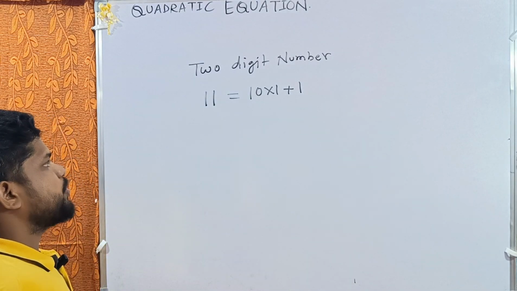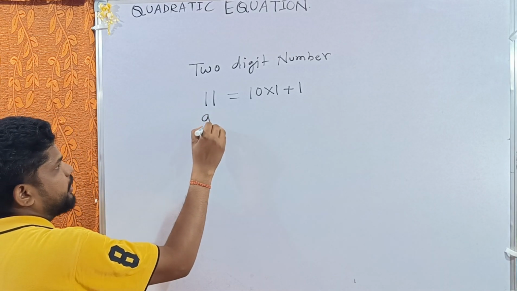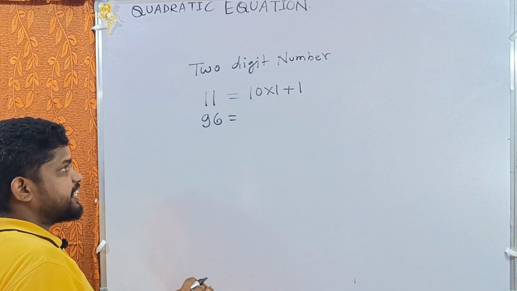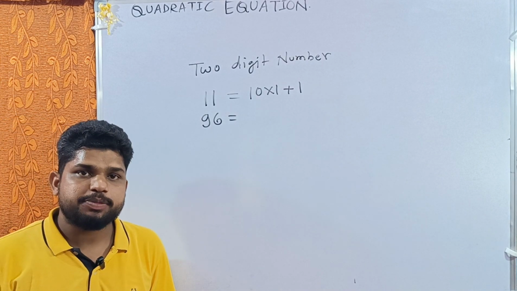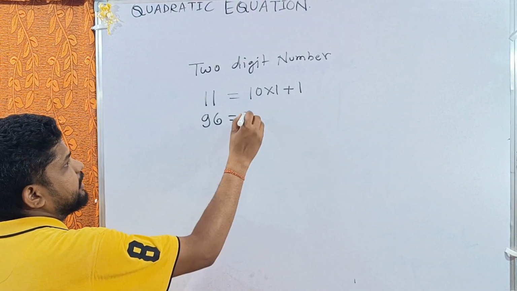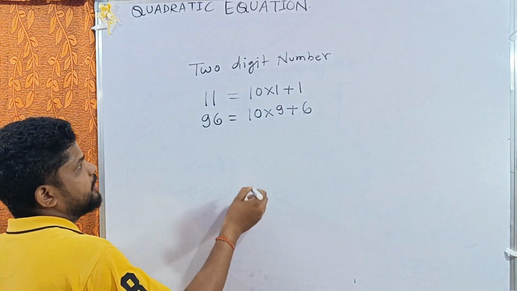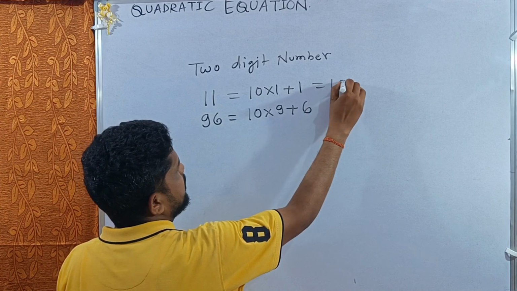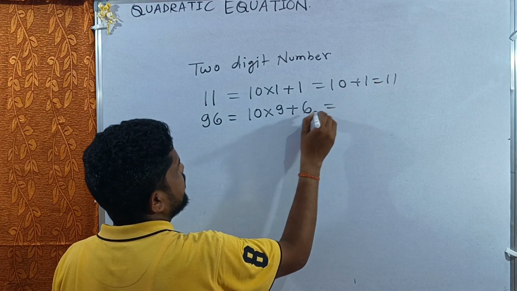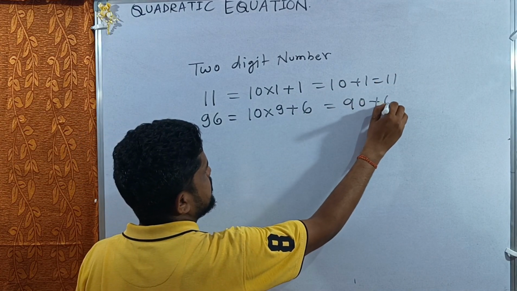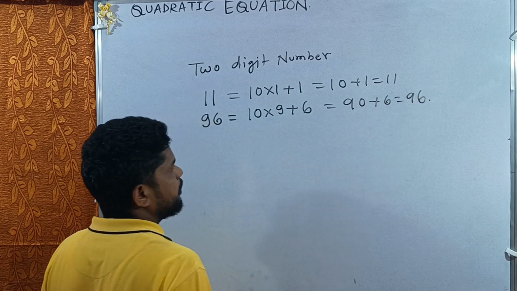Okay. Suppose we are given another number which is 96. So 96 can be written in expanded form as 10 into 9 plus 6. Okay, because this gives 10 plus 1 which is 11, and here 90 plus 6 is 96.